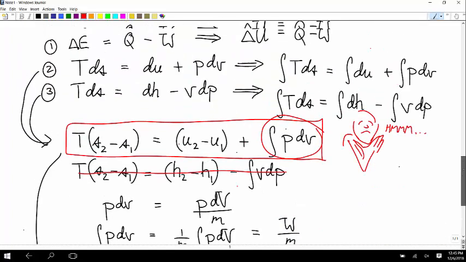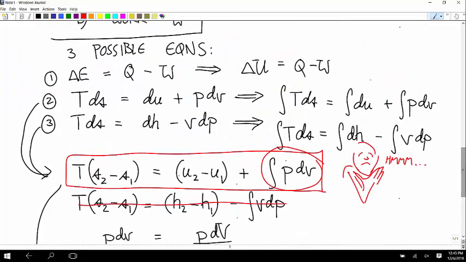This is most likely, unless it happens to be at saturation, you have to use both of those to get it. Remember there's the three different tables. It's either a liquid below the saturation temperature, or it's at saturation, or it's a superheated vapor.